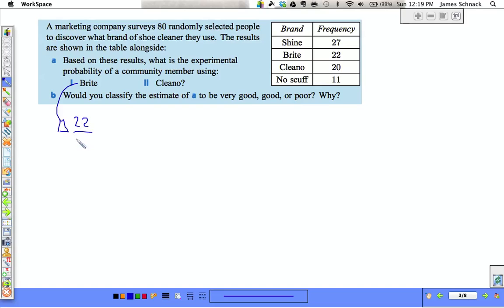We take 22 and divide by 80, successes out of possible, and what we get here is 0.275. Cleano, probability of using Cleano. So 20 out of 80, 0.25. So it's more likely that somebody uses Bright than it is Cleano.